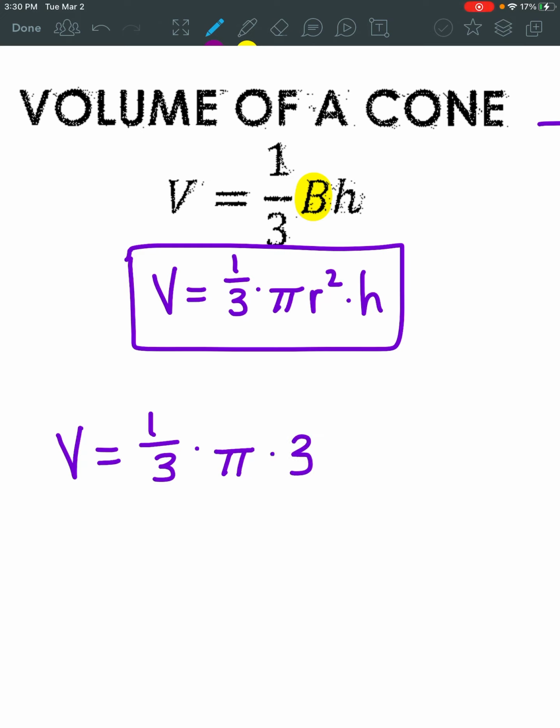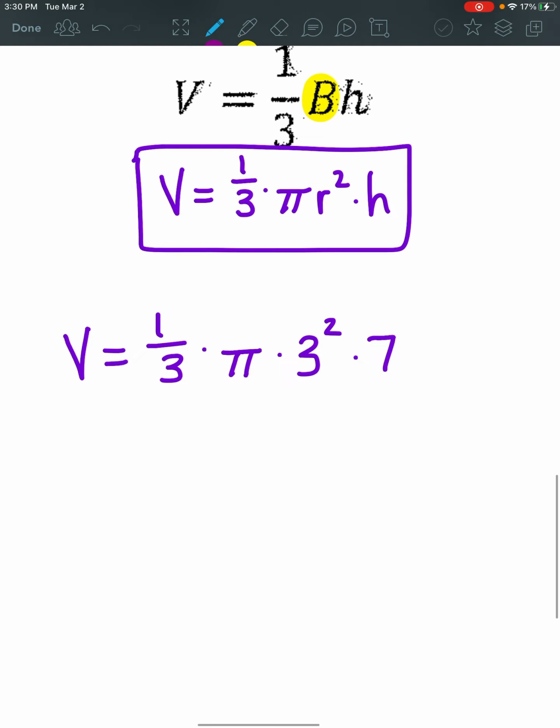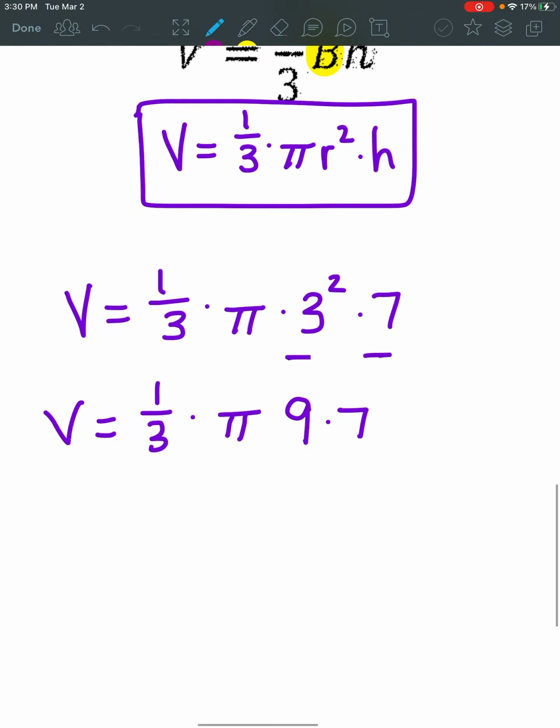We know the radius is 3, so I'm going to replace r with 3, and the height is 7. I'm just going to work with my numbers at the end here. 3 squared is 9, and then I'm going to multiply by 7. I'm going to show you each step as I figure out this volume. All I did was 3 squared. Now I'm going to do 9 times 7, so we get 63.